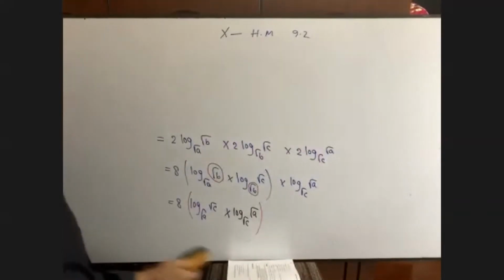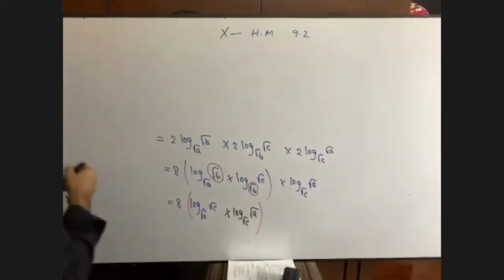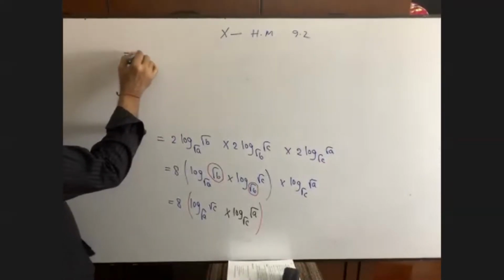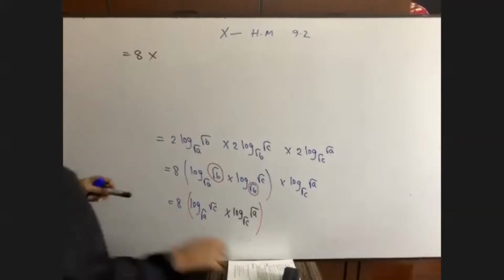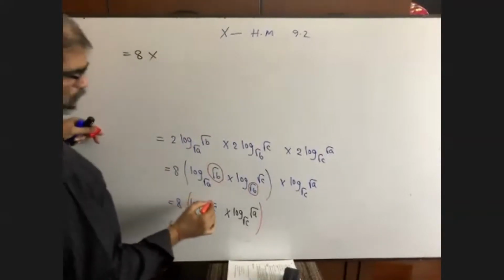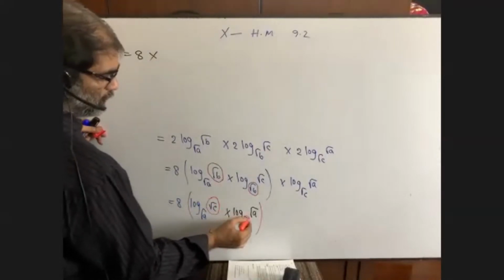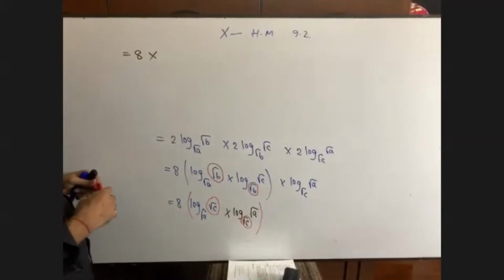After that, you see, we can write is equal to 8 into, you again see, this is root over C, this is root over C, will be omitted.